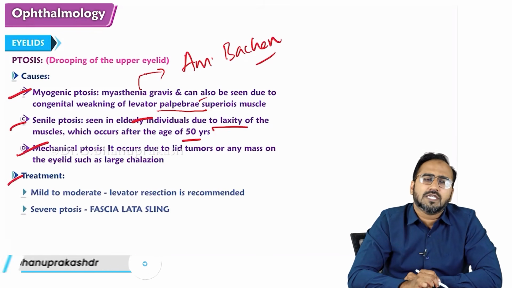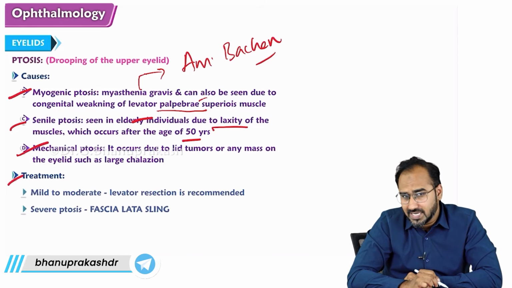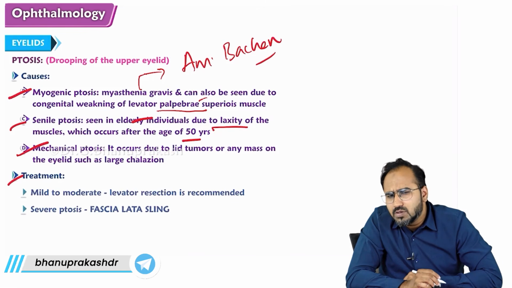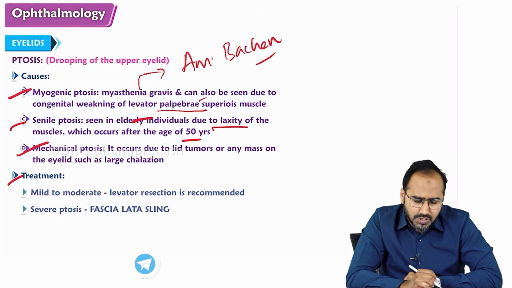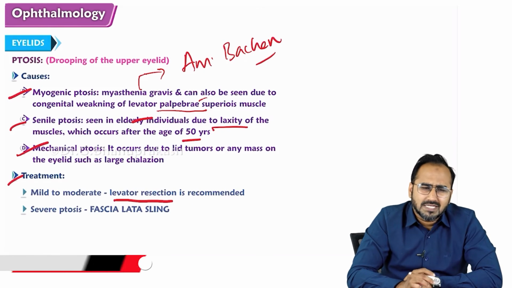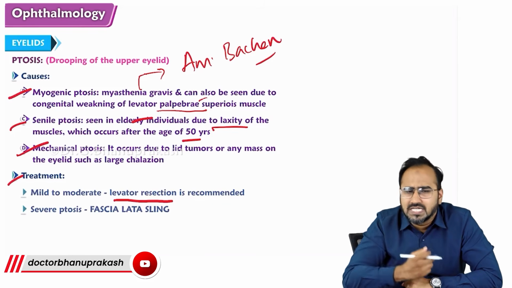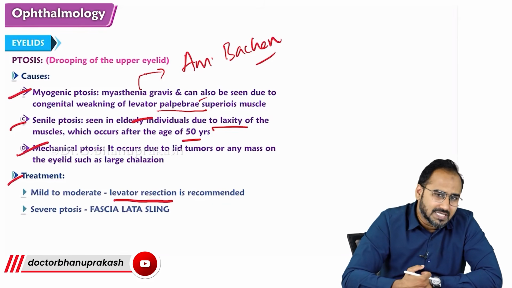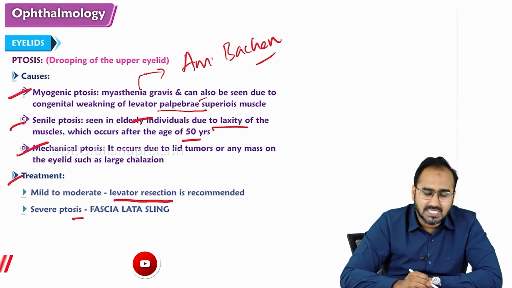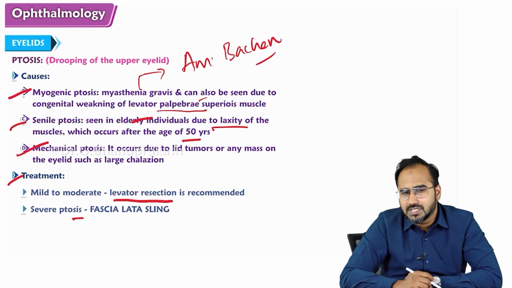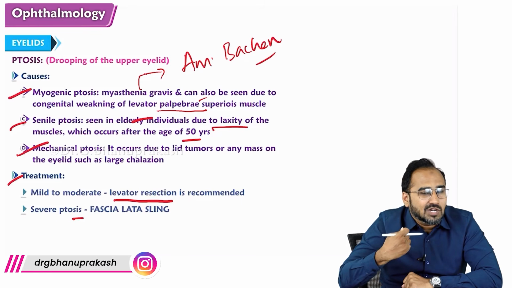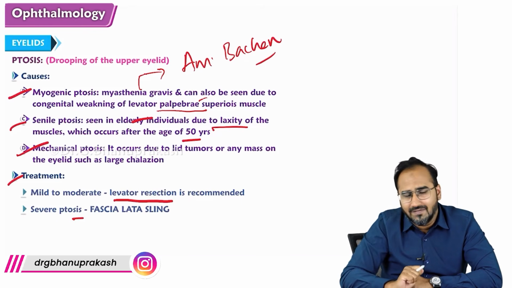How will you manage a patient who has ptosis? If the patient has mild to moderate ptosis, you should go for levator resection. Basically, you have to strengthen the levator muscle. If there is severe ptosis, then you have to put a sling to give support to the levator muscle.